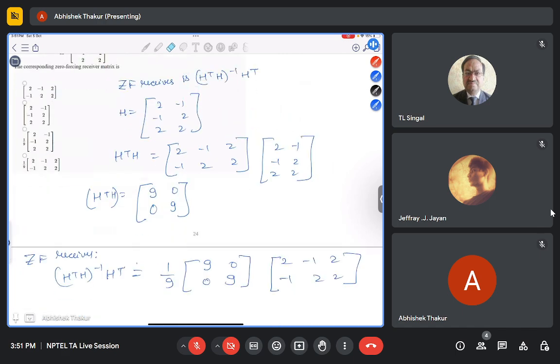So the corresponding zero forcing matrix is option D, which is the correct answer for this question.